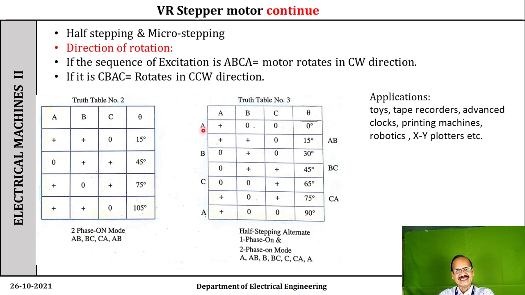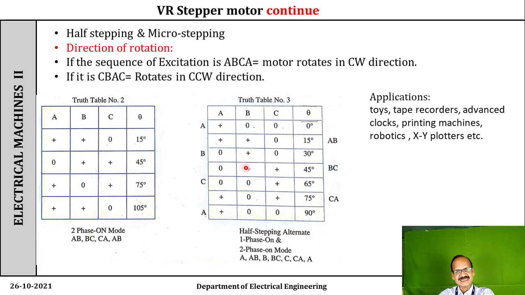See, for A, if you excite A only, that is single phase on mode, only the supply is fed to the A winding, there is a zero angle. Then if you switch on A and B together, the rotor will step 15 degree. Then B, it will rotate through 30 degree.